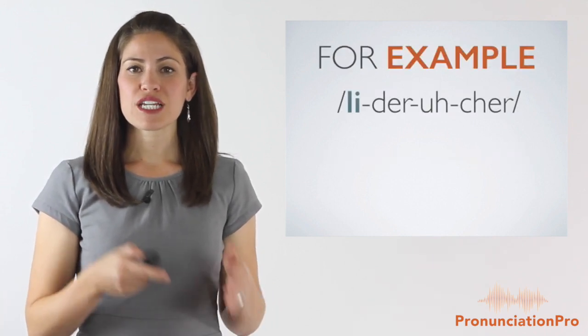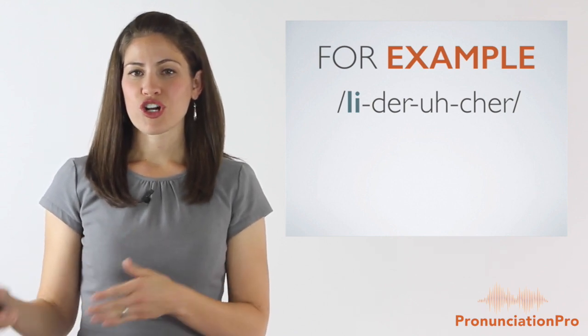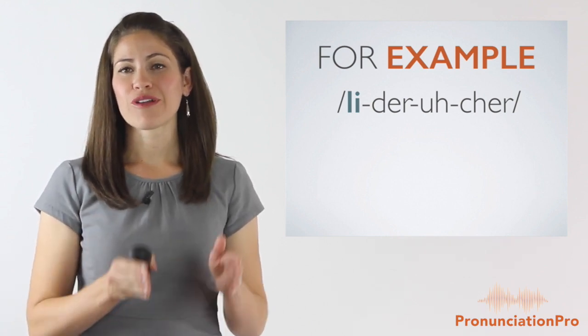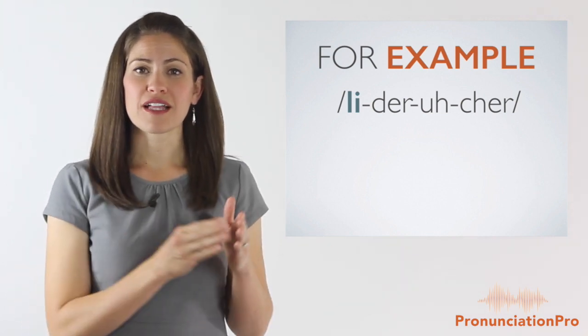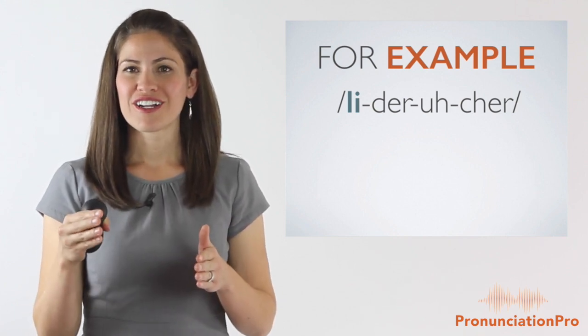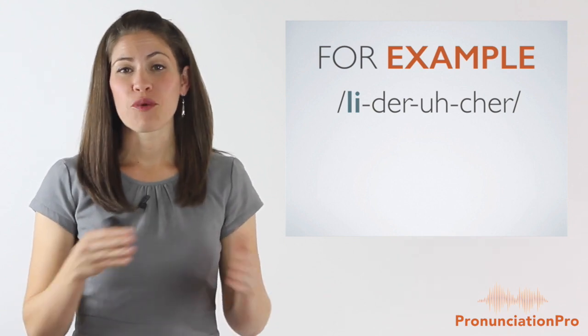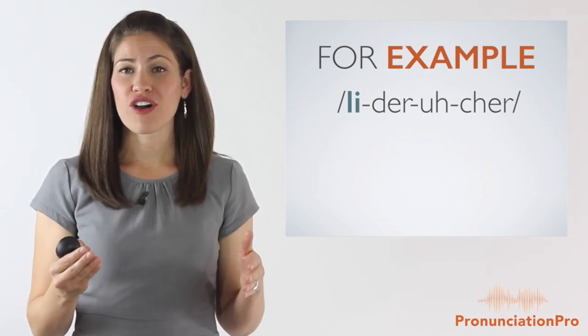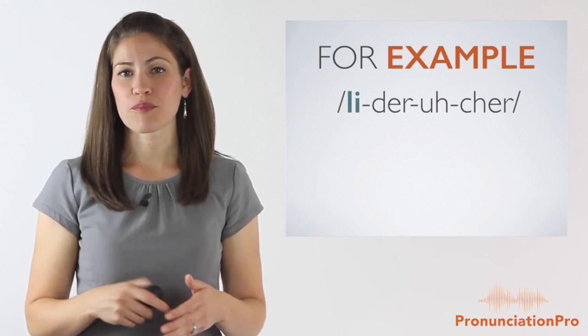Okay, so li-der-a-ture. Make sure that you can pronounce each syllable. If you need to even break it down further and say li-der-a-cher, then do it. Whatever that sound combination is that you're having a hard time with, break it apart and make sure that you can say each of those sounds separately.